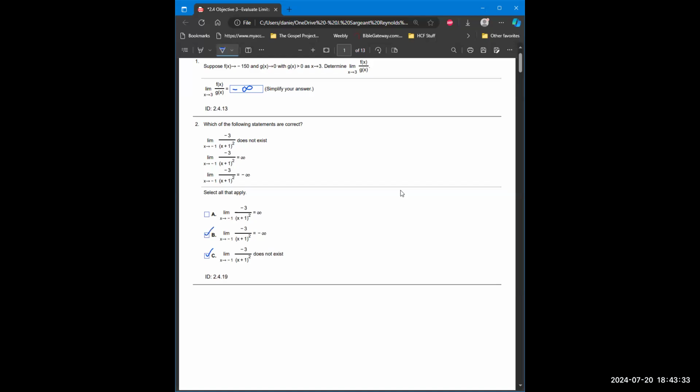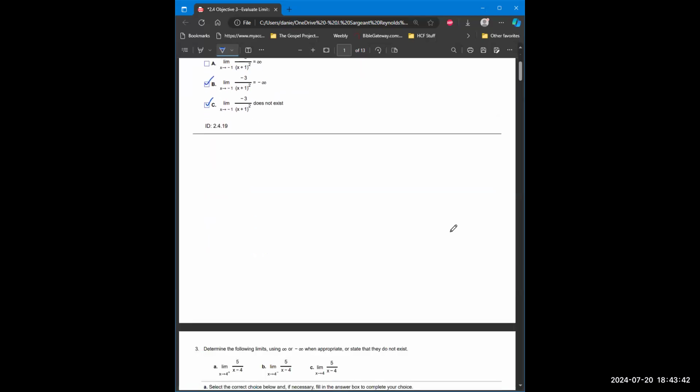And so it's also correct to say that it's going to negative infinity. So both of those are correct.